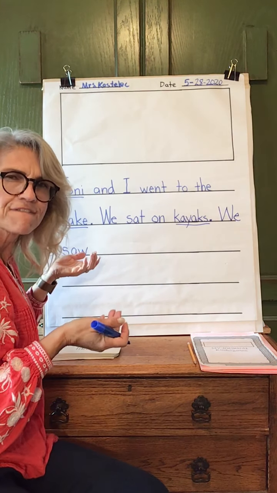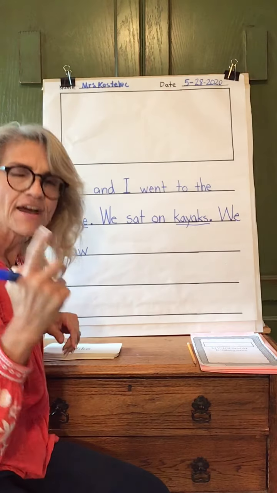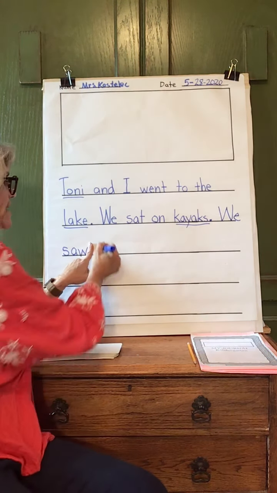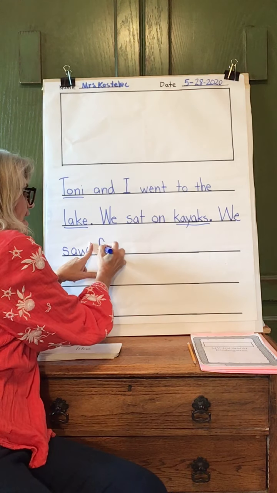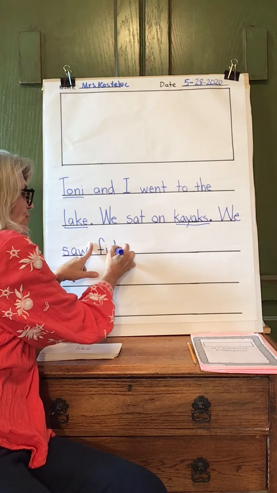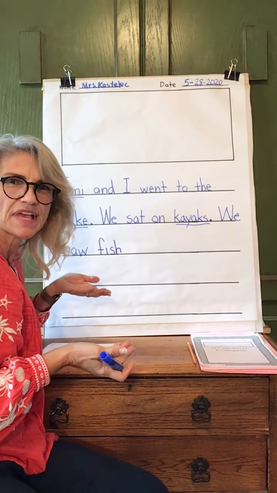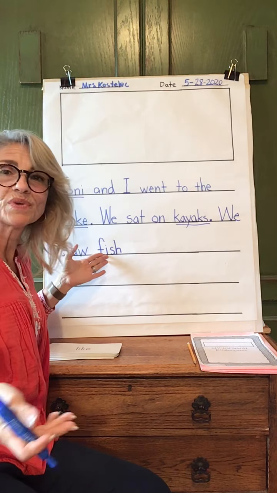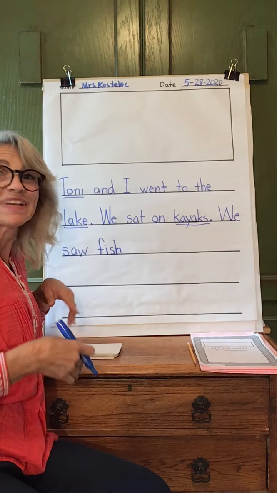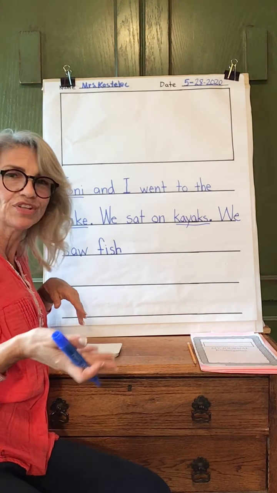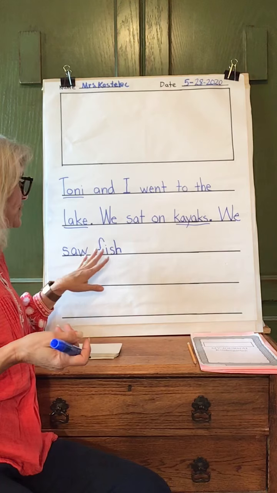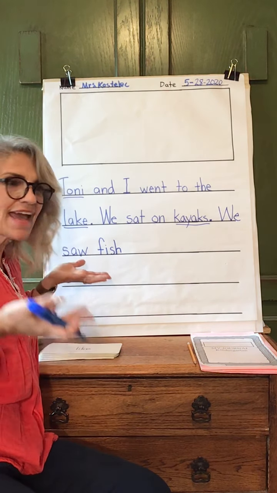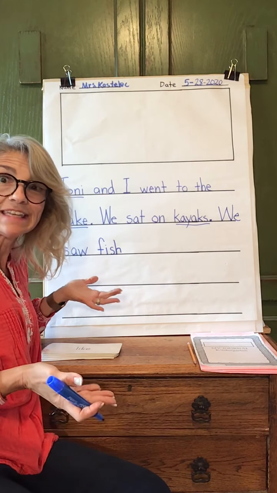Fish. Let's see. So, spaceman. Fish. Now, you might have something else you would rather say. You know, we saw clouds, or we saw kids playing. I mean, you could use your imagination. But a lot of times when we go to the lake, we see lots of fish. And at Whiskey Town, we've been seeing eagles.